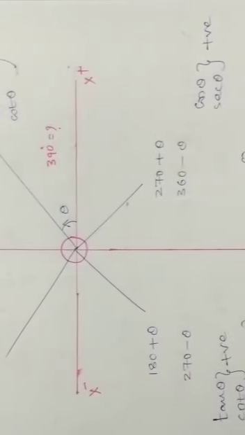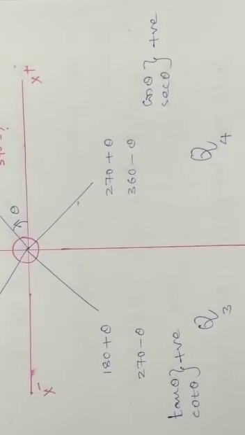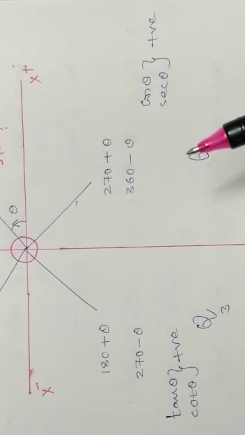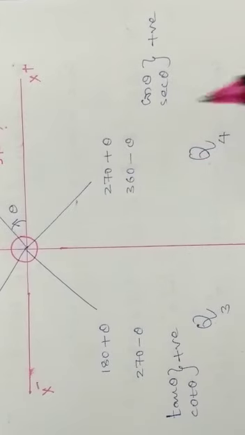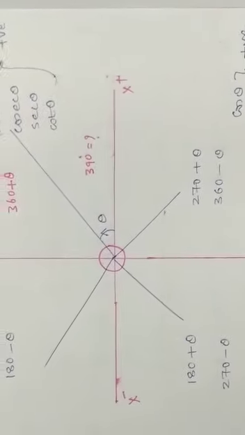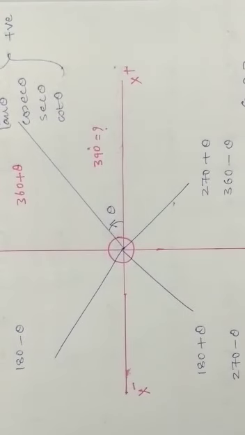Third quadrant is more than 180, less than 270. Fourth quadrant is more than 270, less than 360. Again more than 360 comes in the first quadrant.